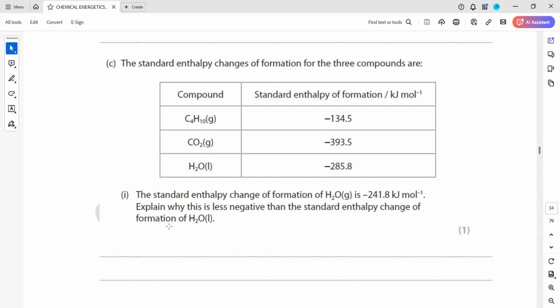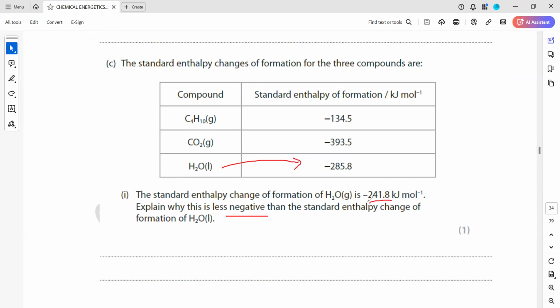The standard enthalpy changes for formation of these compounds are shown. The standard enthalpy change of formation of water is minus 241. Suggest why this is less negative than the standard. So the standard value is minus 285.